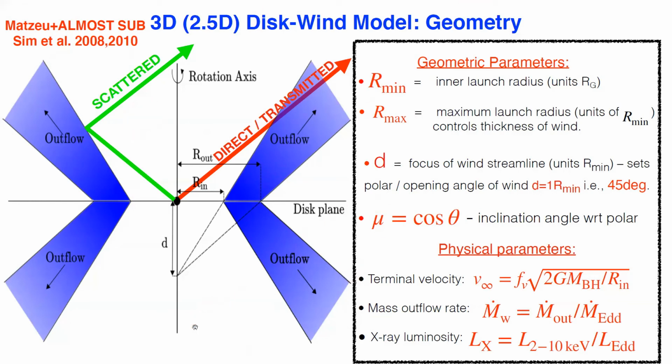With this code we can calculate, for example, the velocity of the wind. We can have a direct measurement of the mass outflow rate, and in each cell it also calculates self-consistently the ionization state of the wind.